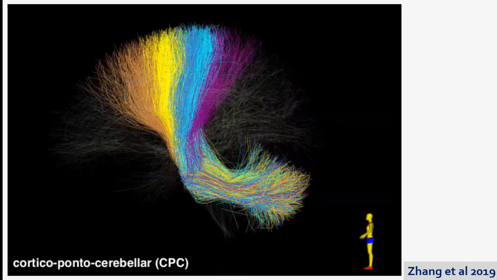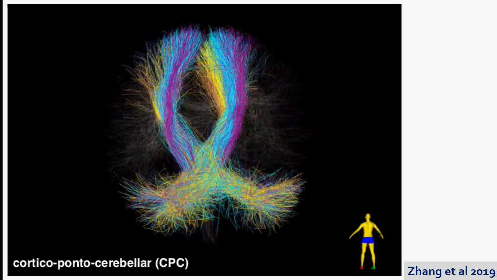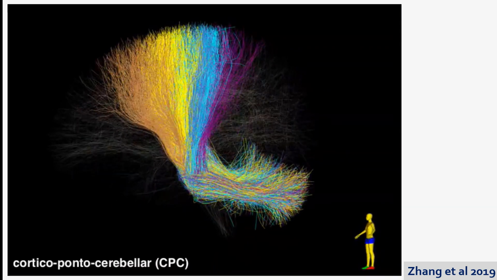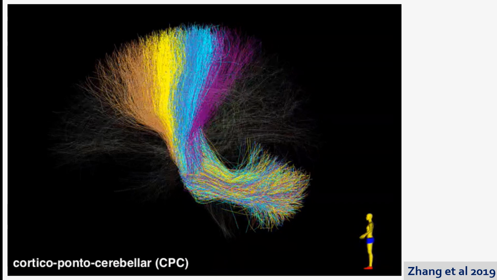Let me just play it through again. That's a principal means by which we're able to coordinate fine motor movements, is because of the extensive crosstalk between the neocortex, the cerebral cortex, and the cerebellar cortex through these corticopontocerebellar white matter tracts.